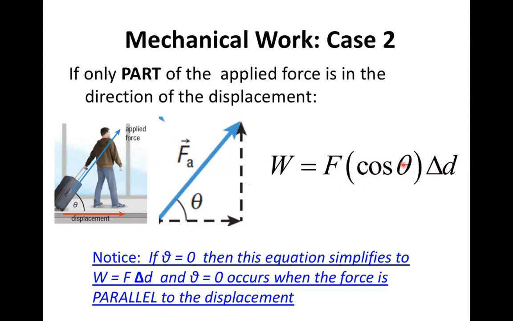If theta was 0 degrees, then this equation simplifies to force times displacement. Theta equals 0 occurs when force and displacement are parallel. So case 1 and case 2 are not totally different. Case 2 just applies for a wider variety of cases. And if force is up at an angle, you can't use the case 1 equation. You have to use F cos theta D.